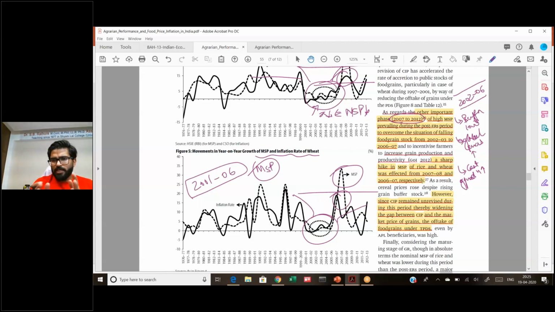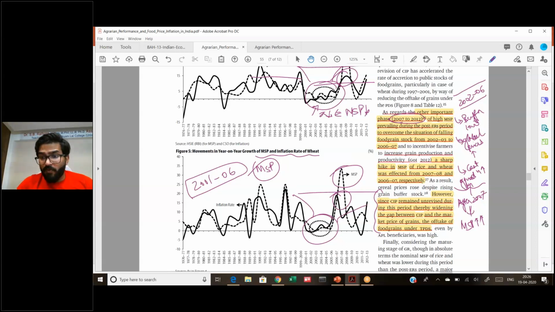I'm giving you the summary. After 2007, all these three factors were working, because of which the MSP had to increase at a substantial pace, and that perhaps also led to higher inflation in the market. That higher inflation is because the supply side was not working.